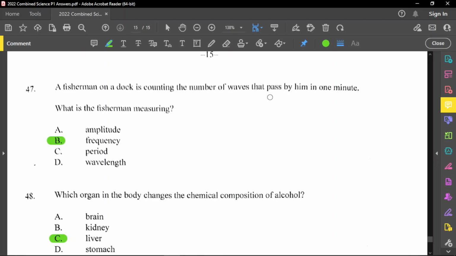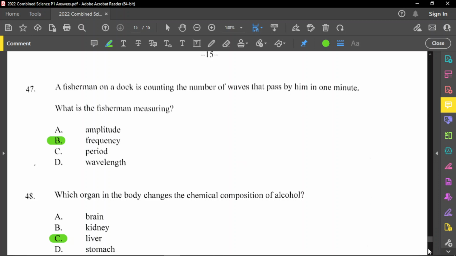If you think about it, number per given time is how many are generated in a given time. Is it frequency, how fast are they going? Not how fast they are going in terms of speed, but how fast they are produced in a given time, and that is frequency, because frequency is 1 over T, okay? And 1 could represent the number of waves as well. So it's counting the frequency of the wave.